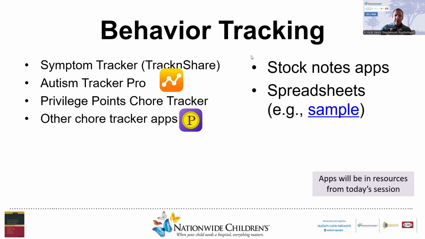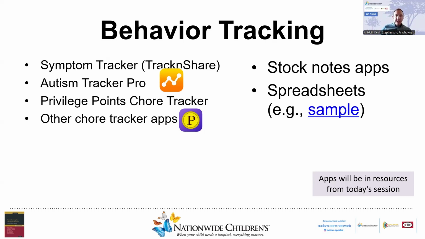So on the left, those are some of the paid apps. On the right side, here are completely free things. You have a notes app on your phone, doing that of just tracking behaviors on there and jotting down what happened, what time it was. That can be a great way to just have, you might have a piece of paper that you jot down some notes. You can pull out your phone and jot down some notes there.